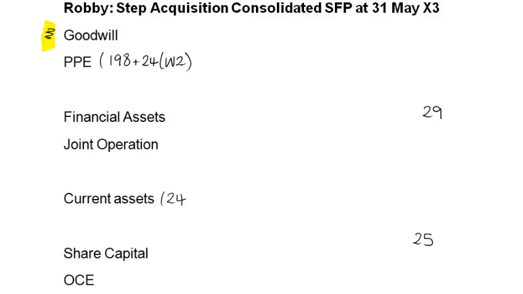B. On the 1st of June X0, Robby acquired 5% of Zinc, and we've treated this at fair value through profit and loss. On the 1st of December, we acquired a further 50%, which gave us control. So it is at this date that we need to work out the net assets.